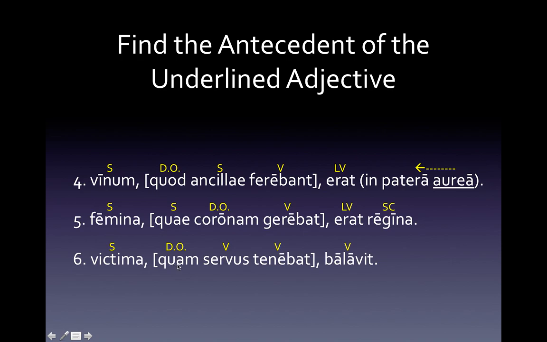Quam is feminine accusative singular, so this is our direct object. Servus is nominative singular. That should read subject. Sorry about that. And tenebat is our verb. So the relative clause would read which the slave was holding. So the victim, which the slave was holding, bleated.